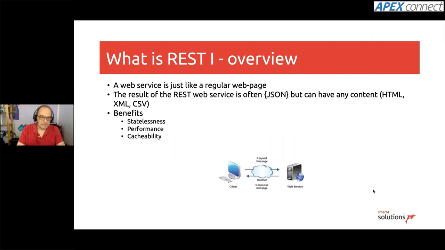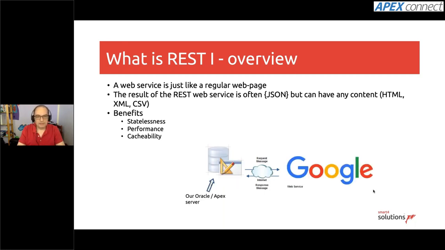So what is REST? REST is a web service just like a regular web page. But where the result of a web page is most likely to be HTML, in a RESTful service it's often JSON or XML or CSV. In the bottom you see the client, the web browser, doing a request for a specific website, let's say Google, and Google returns HTML as a response.